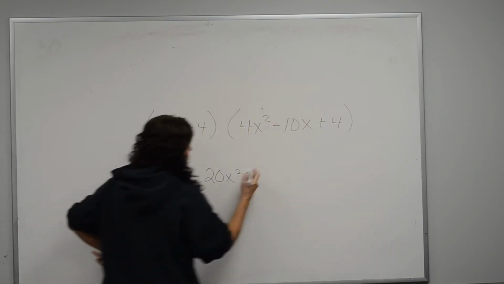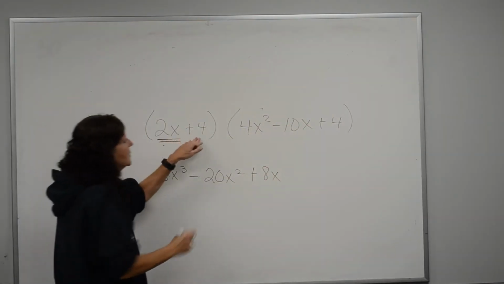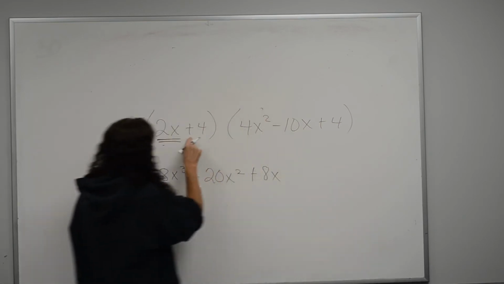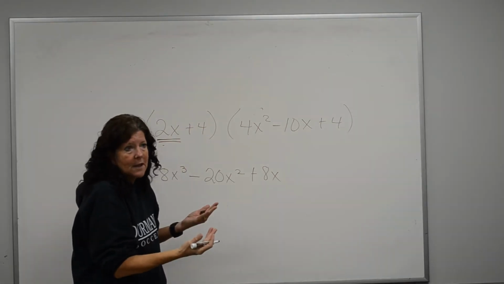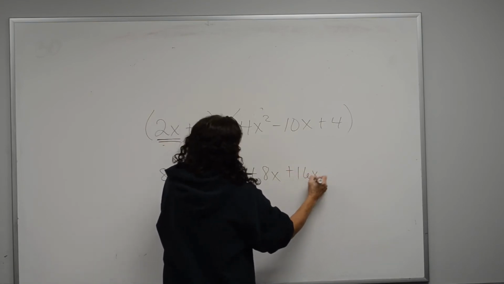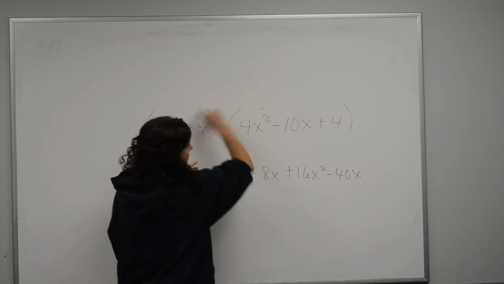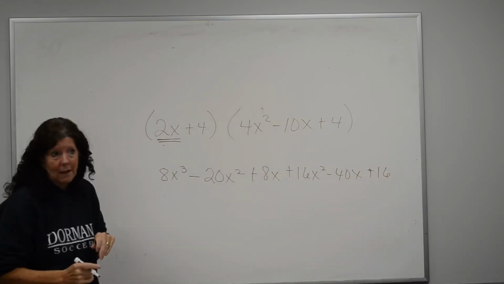Then I'm going to do it times that. Okay, you with me so far? Then I turn around and I do the 4. Okay? And I carry, like if that was minus 4, I would do a negative 4 times everything. So I have 16x squared minus 40x plus 16.